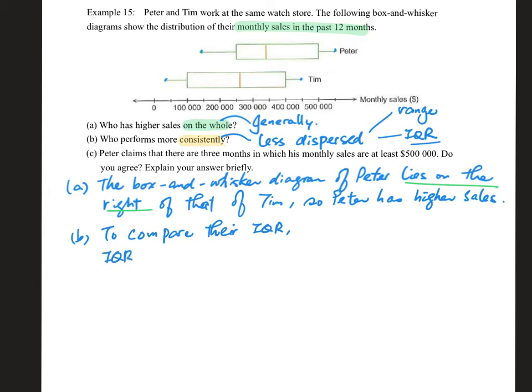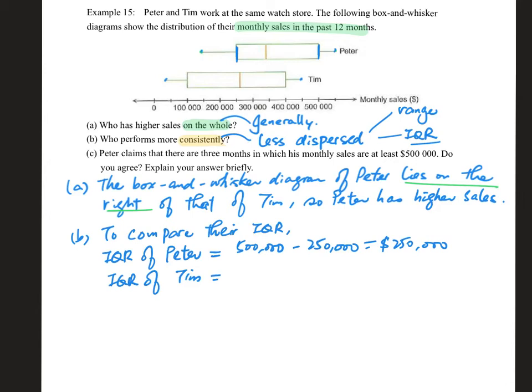So the IQR of Peter, you do the reading very carefully. Q3, 500,000. Q1, 250,000. So that gives you $250,000. While for the IQR of Tim, Q3, 400,000, Q1, 100,000, so gives you 300,000.